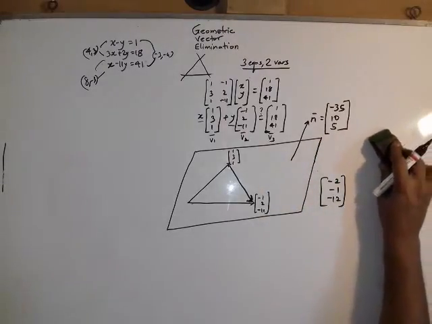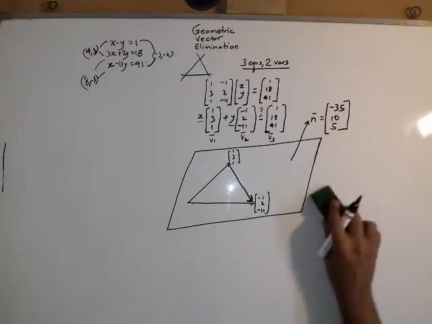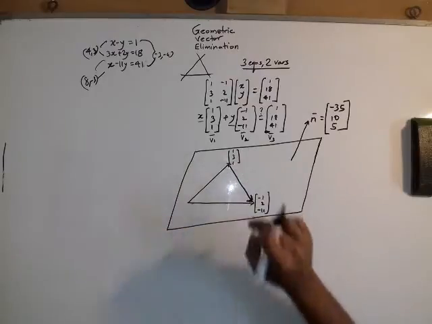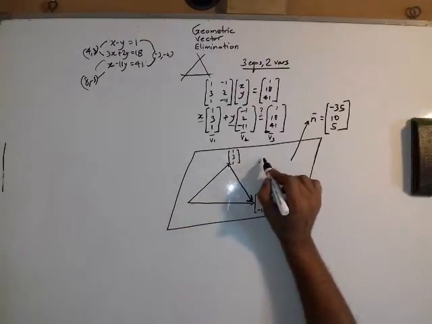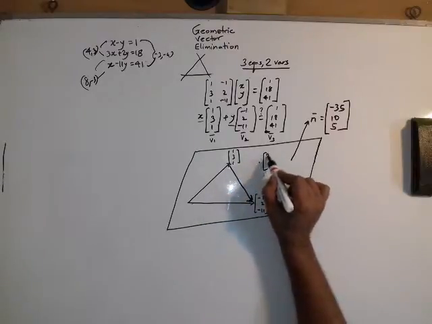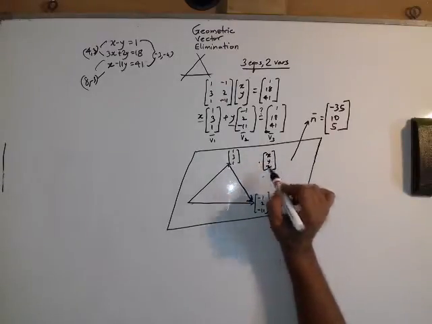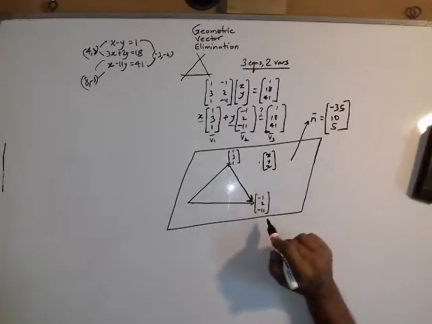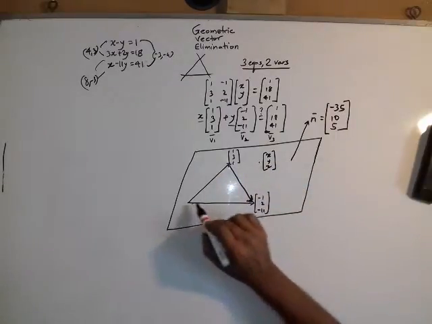Sorry, this is not really what I want to do. The way to find the equation of a plane given one point in the plane is to take a general vector x, y, z. Sorry about that.